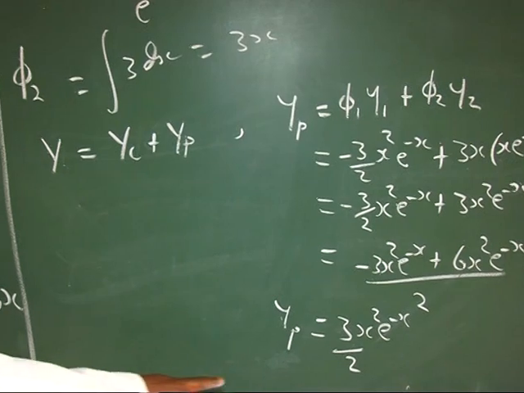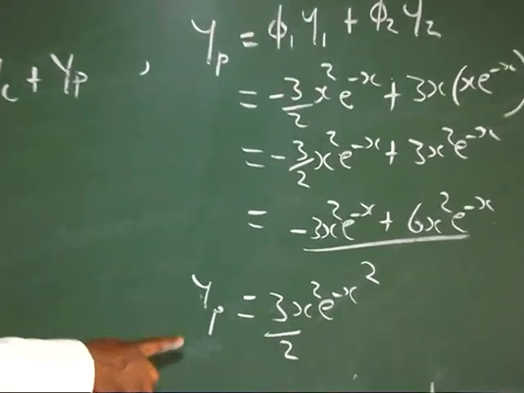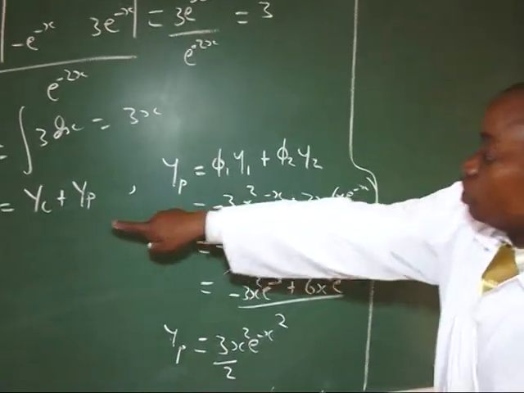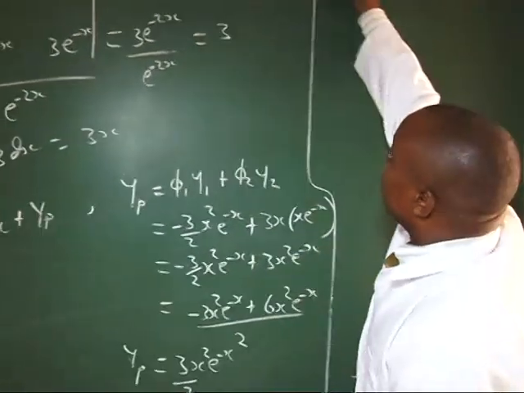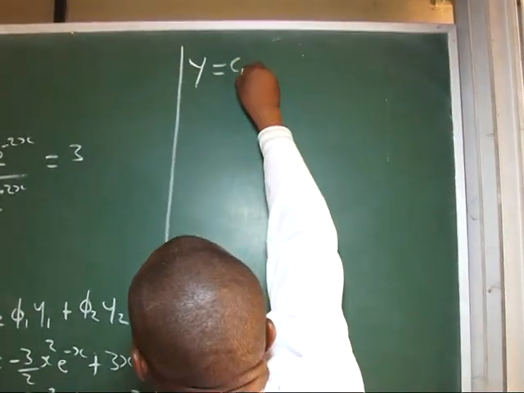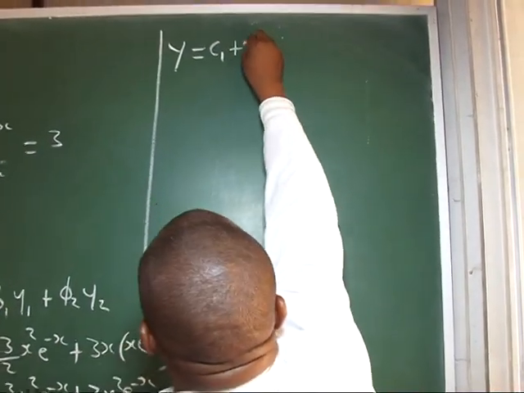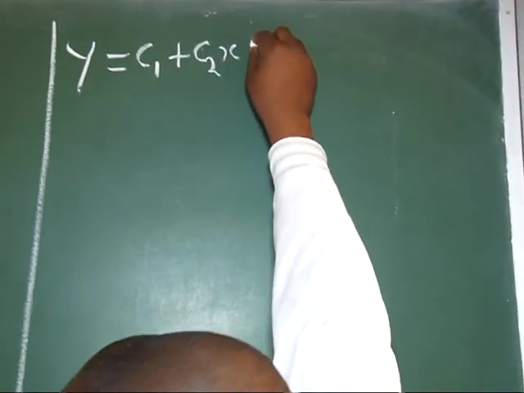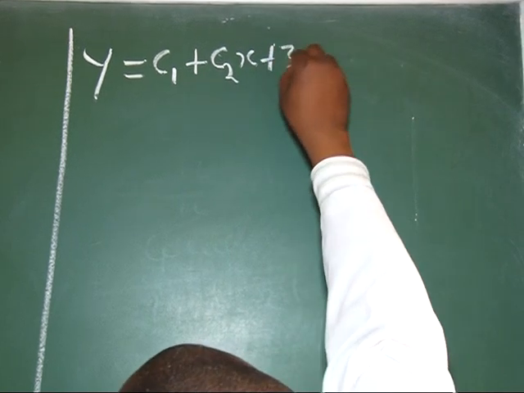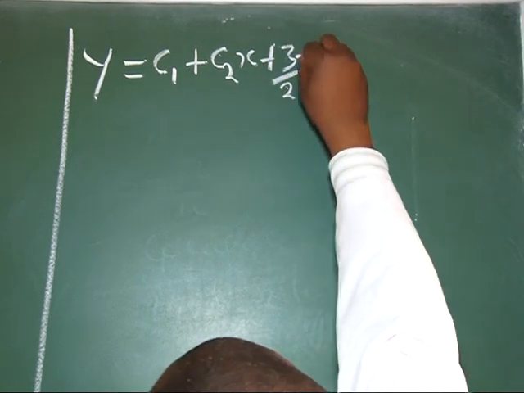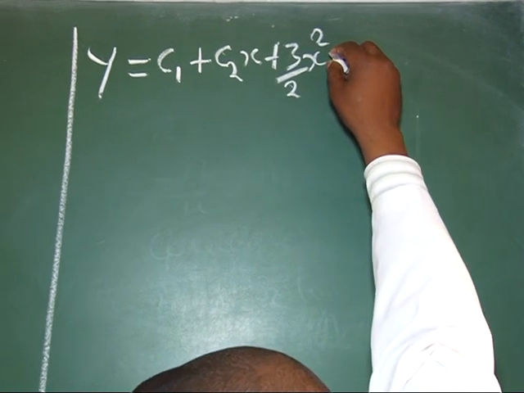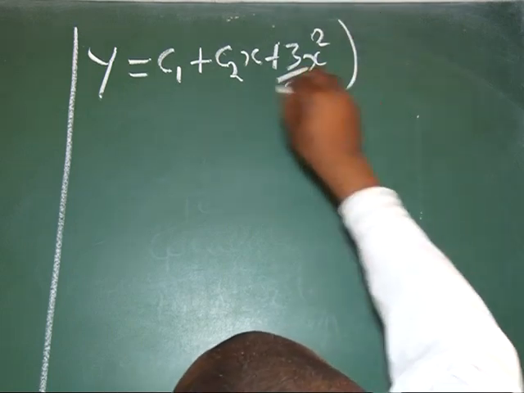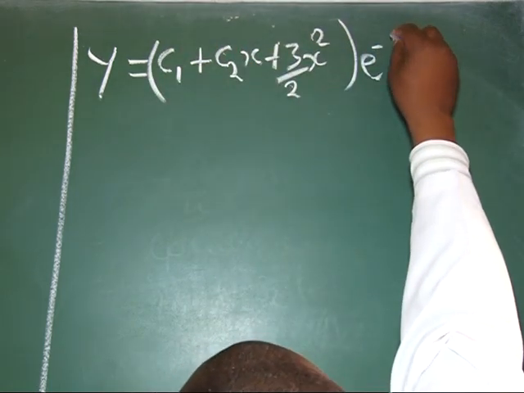That is yp. See what we have for yp. So meaning that the general solution will be yc plus this, that y will be equal to c1 plus c2x, then we have plus 3 all over 2 x squared, then we have exponential minus x.